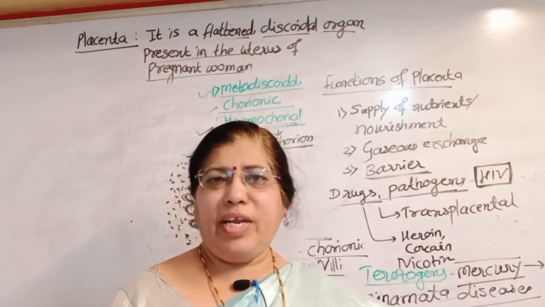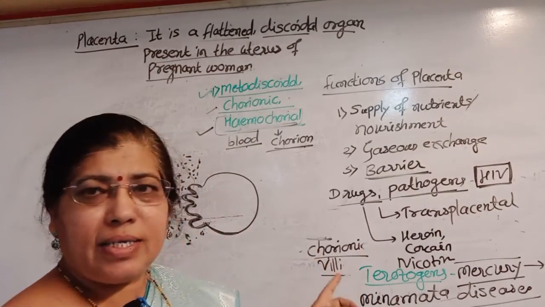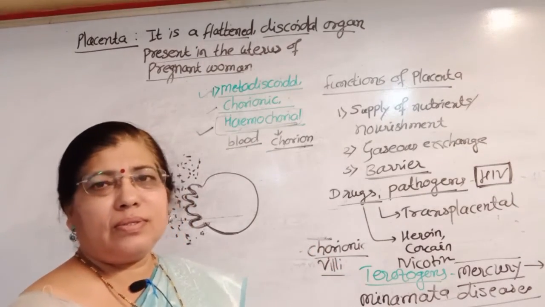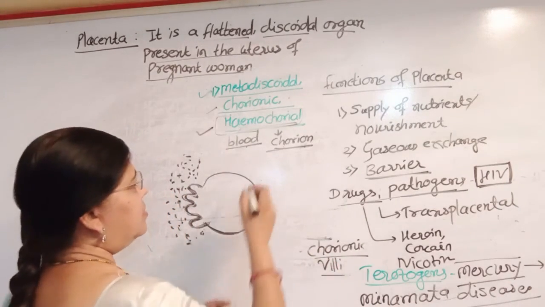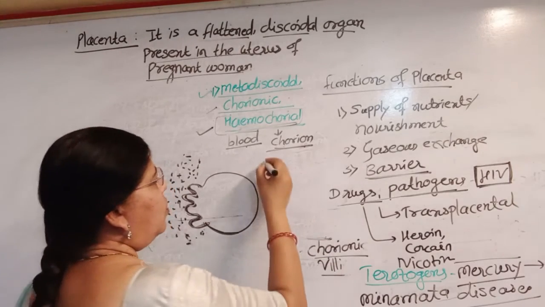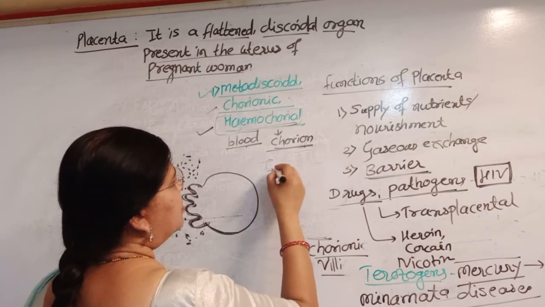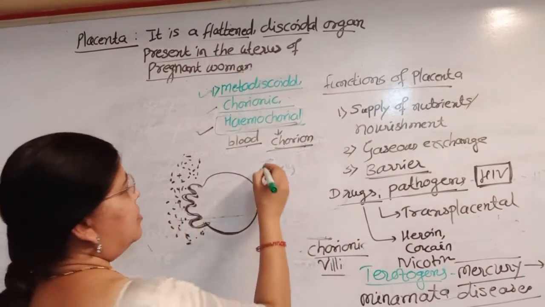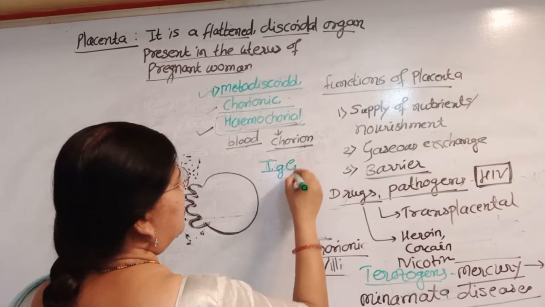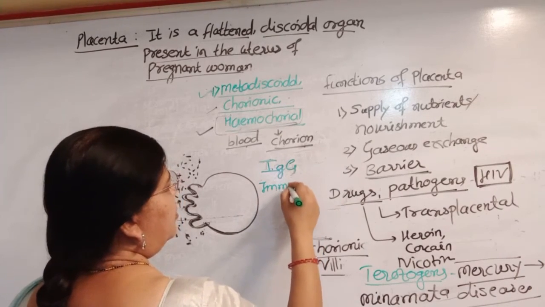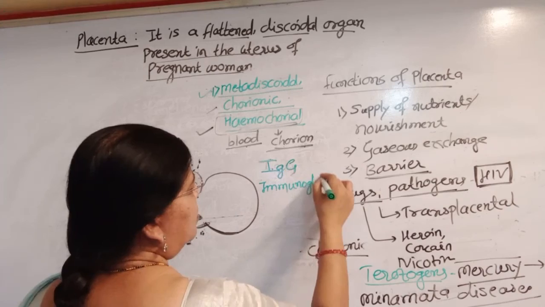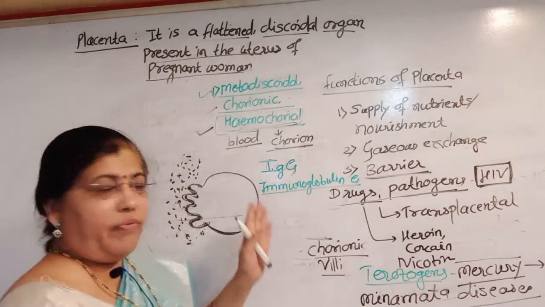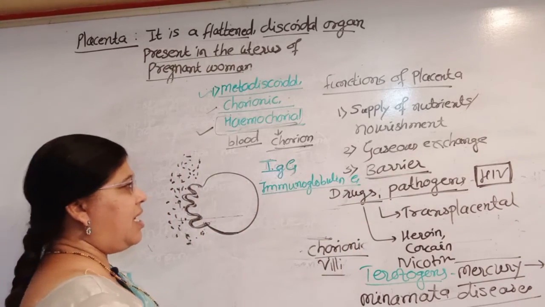One more point is remaining in the function of placenta, and that is antibodies, IgG, that is immunoglobulin G. These are the antibodies which can cross the placenta.